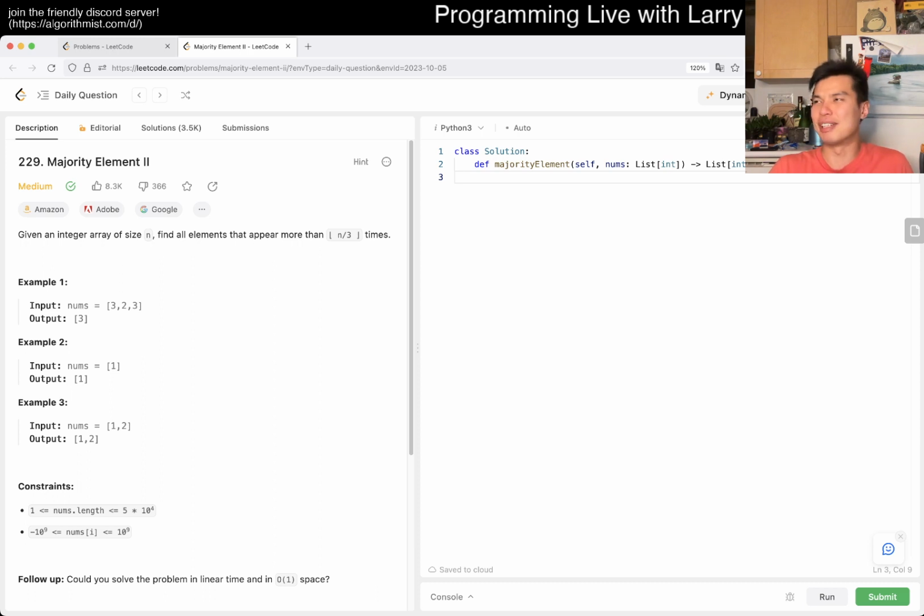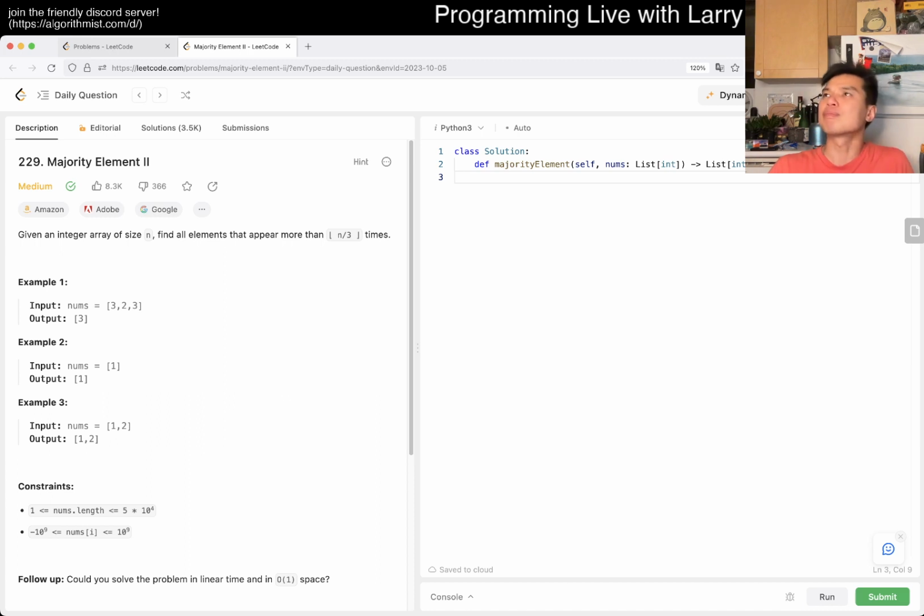I get the idea, but it is still a little bit weird the way that it works. Of course, you're supposed to do one more pass at the end to confirm it. So I guess that's fine.